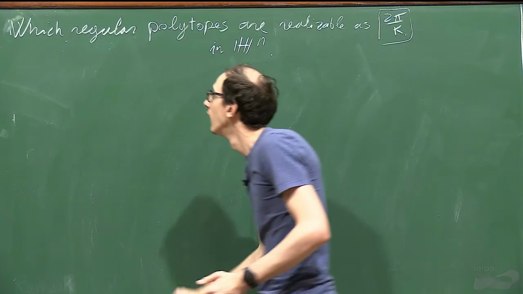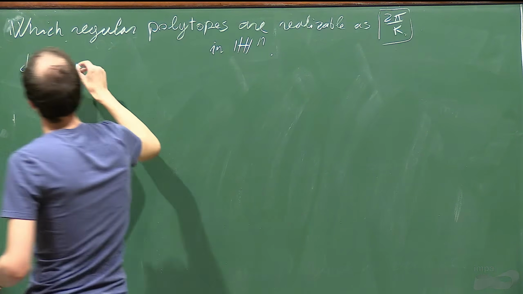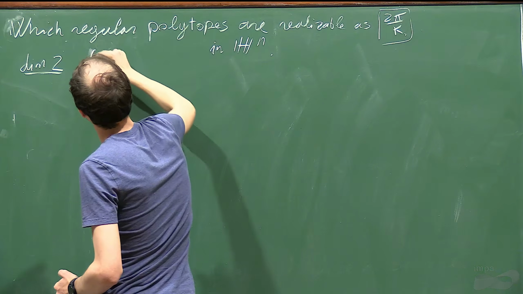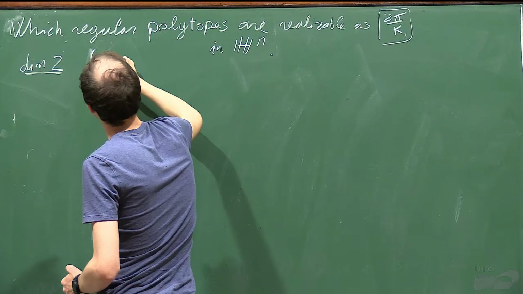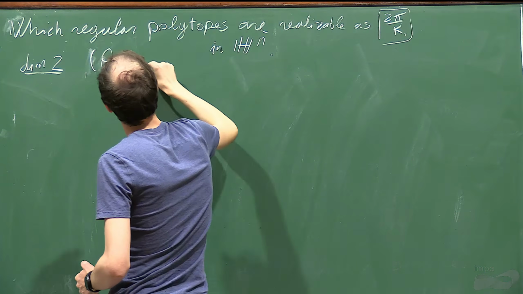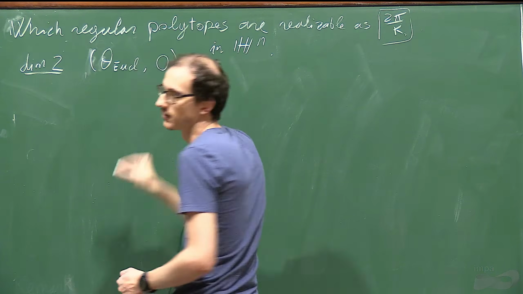In dimension 2, you can realize everything between the Euclidean angle, which you cannot, and 0 at infinity.